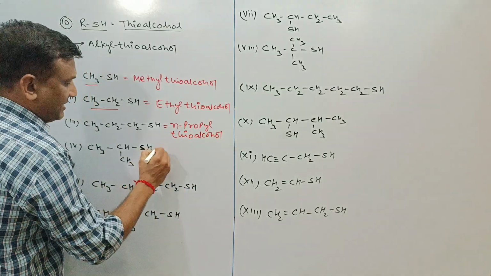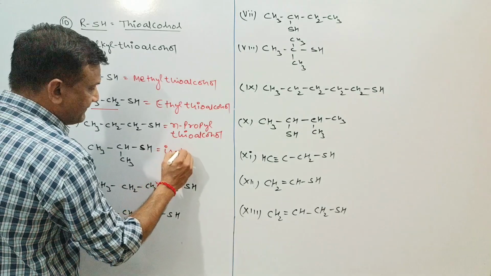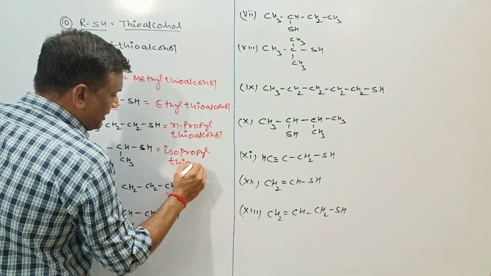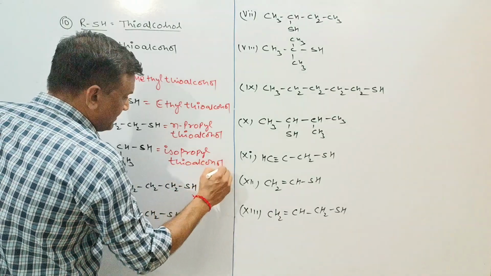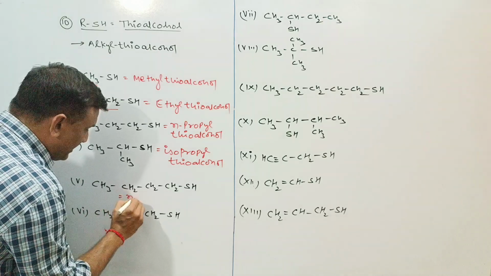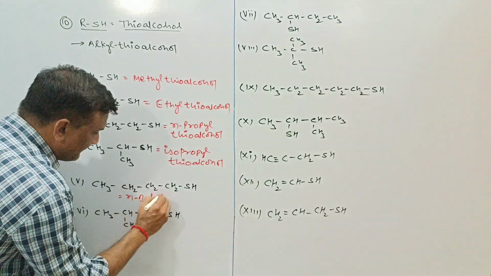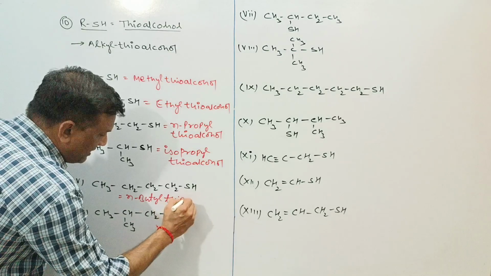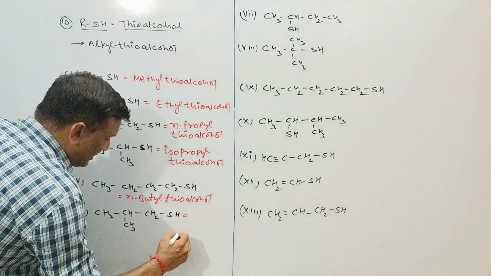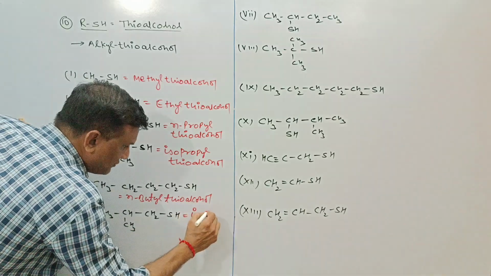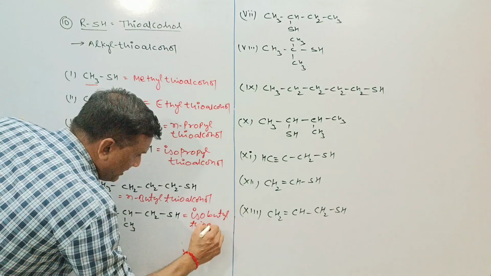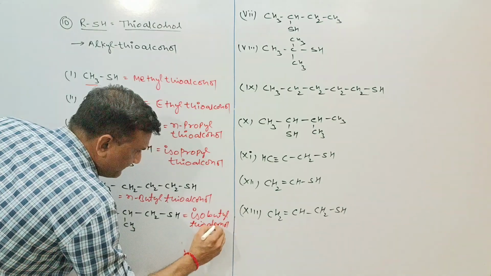For this, it is called isopropyl thioalcohol. This is called n-butyl thioalcohol, and this is called isobutyl thioalcohol, the name of the compound.